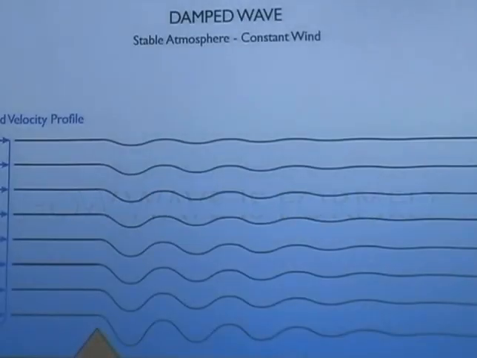So, how is wave formed? Well, if we just had a constant wind with altitude blowing over a disturbance or a mountain, and it was stable air, you'd get some wave action that would slowly or quickly damp out, so it wouldn't create a wave.